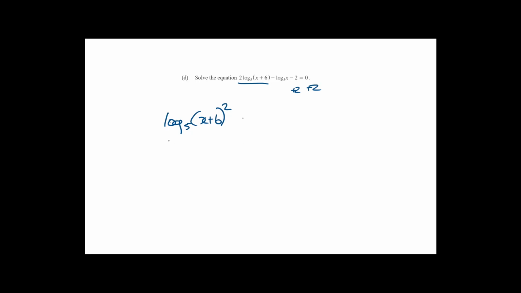And what can we do here? And it's going to be minus, so this is gone. So it's going to be minus log base 5, which is the same as log base 5 of x plus 6 squared over x, isn't it?